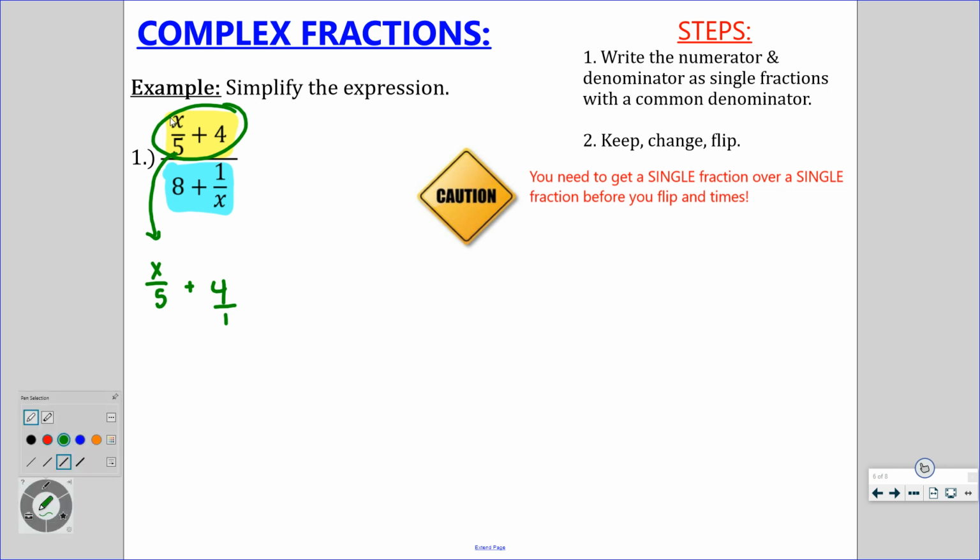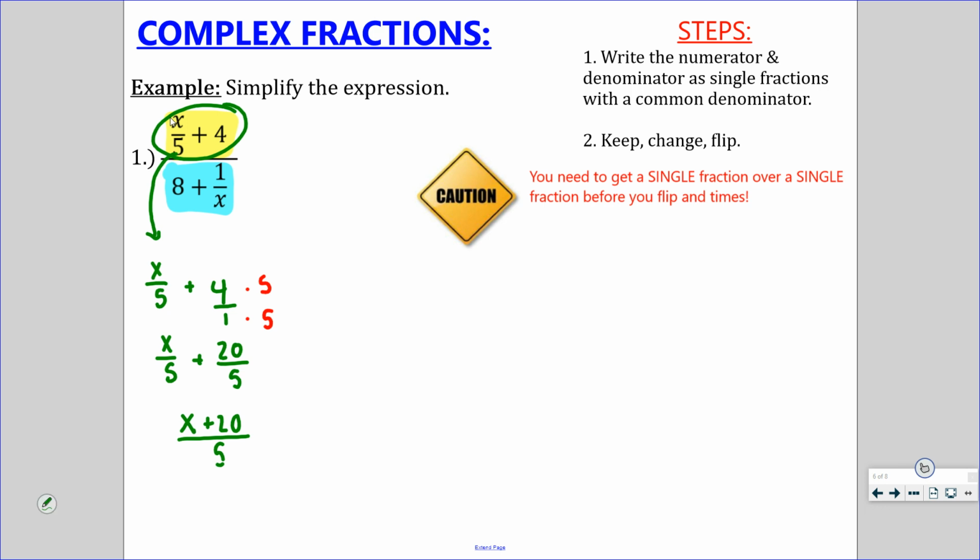All I have to change is the 4 and multiply the top and bottom by what? 5 to get common denominators, right? So I get x over 5 plus 20 over 5. So that'd give me x plus 20 all over my common denominator 5. All right, so there's my numerator as a single fraction. That part's done. Everybody okay with that? Sorry, I didn't mean to go too fast. It's just that one was pretty easy.